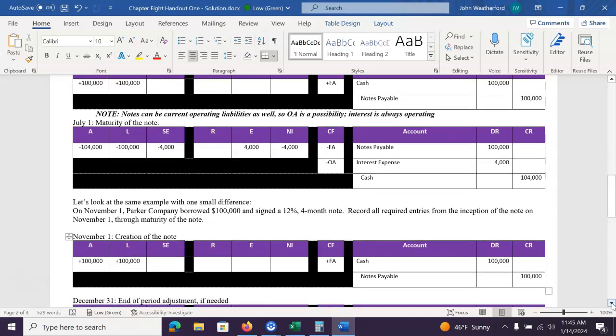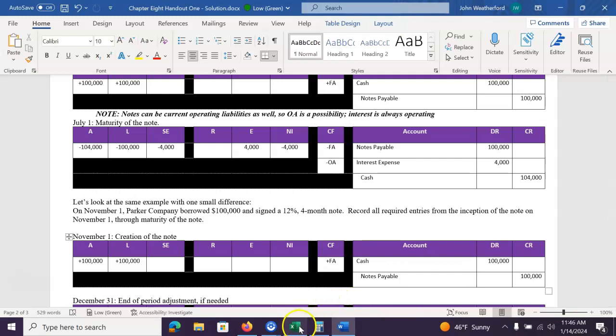Now, at the end of the period, we want to make an adjusting journal entry to get the interest expense recorded in the proper period. The interest that built up over those 2 months, November and December, represents an expense for the company and a debt for the company. It'll be a current liability as well because it's going to be due within 2 months of the financial statement date.